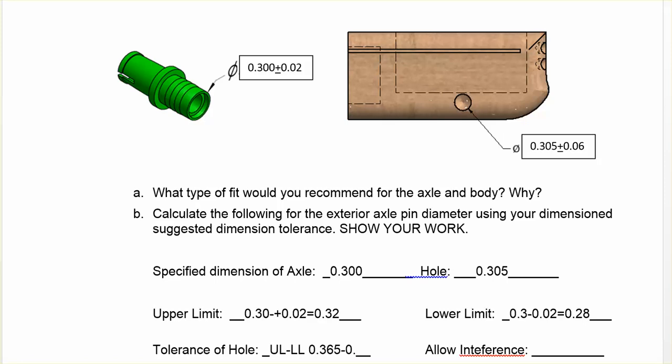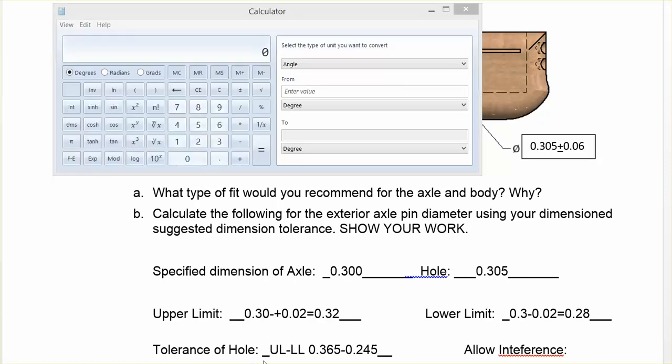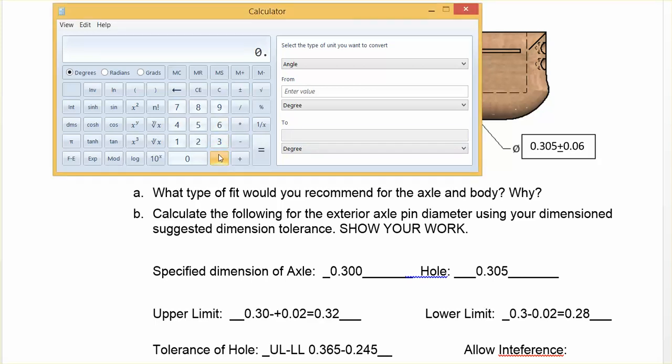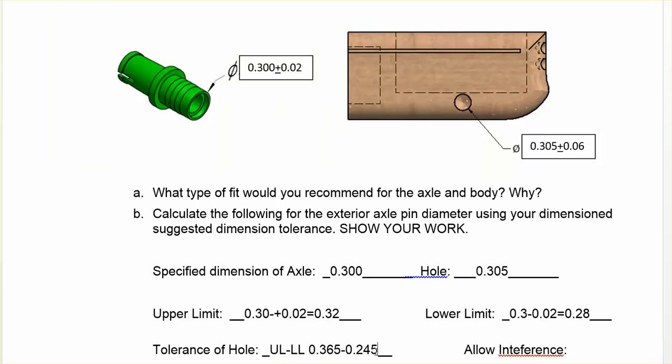When you do that, you're going to get 0.245. So when I subtract those two, we get 0.365 minus 0.245. And then we get a tolerance, which is the upper limit minus the lower limit, of 0.12. So I would come down here and say 0.12. And that's our tolerance.